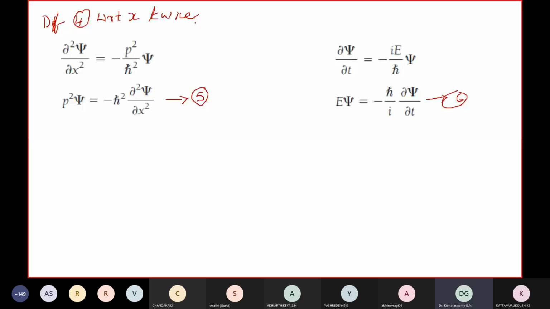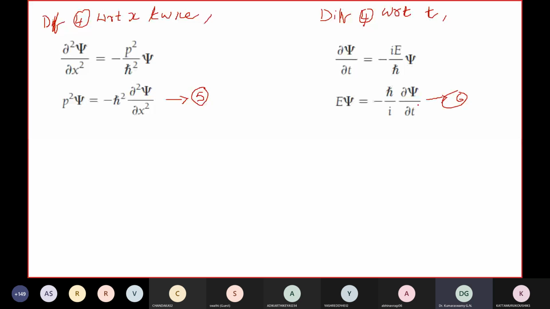This one, sir, right side one. Right side, differentiate equation 4 with respect to t. This is once, this is twice. Okay. Call them as equation number 5 and 6.